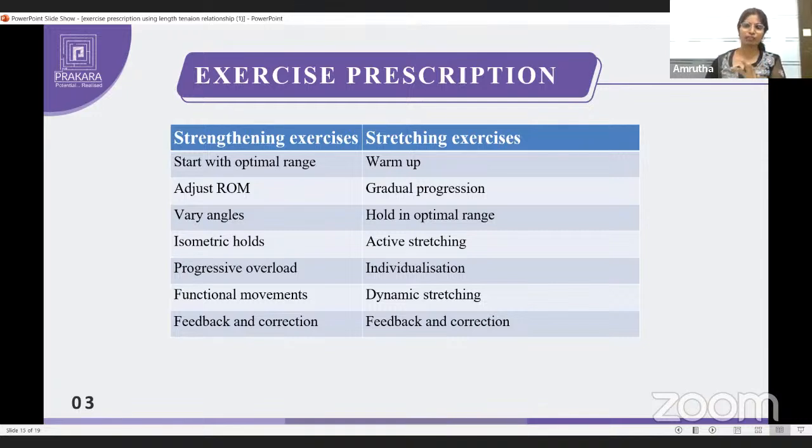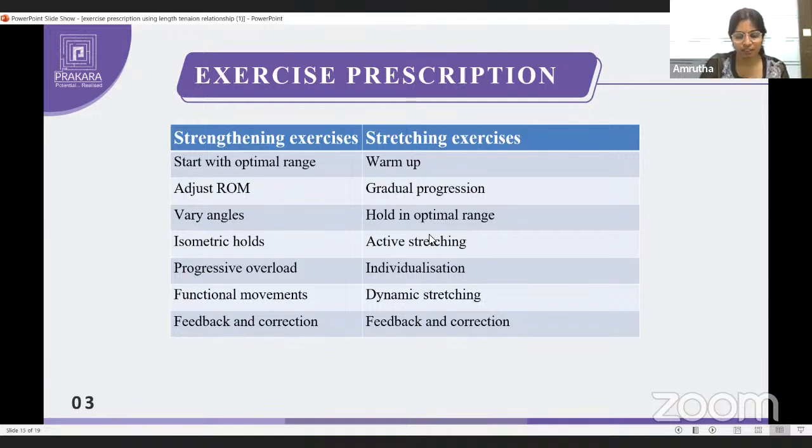Once you feel comfortable with this particular range, then hold it for around 10 to 12 counts and then increase. This is nothing but hold in optimal range and gradual progression. So instead of going from this position directly to here, you can choose to go from here to here first and then here.